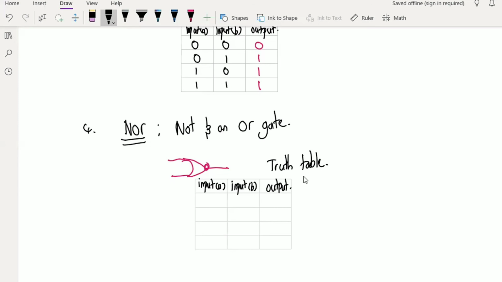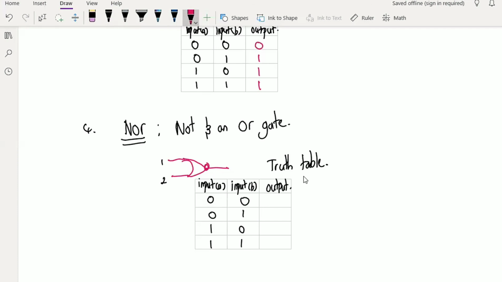All right, so let's write down our combinations. Again, we know that this takes 2 input states, so we have 4 combinations based on the formula that we mentioned before. We'll write it out as 0, 0, 1, 1, 0, 1, 0, 1. Remember, this is the opposite of an OR gate.